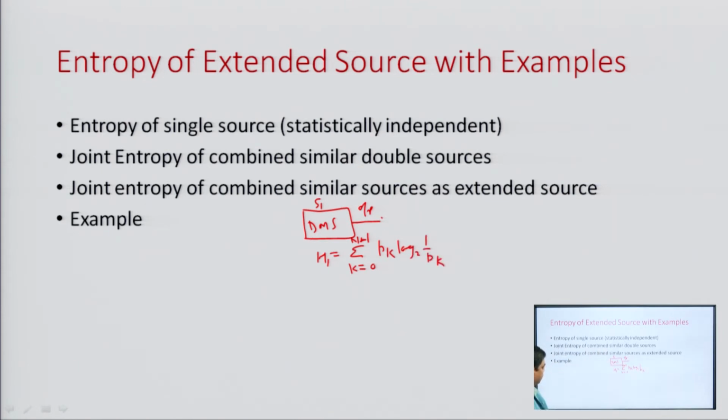Now, consider a similar source which is statistically independent, whose output symbols are independent of the other source's symbols.